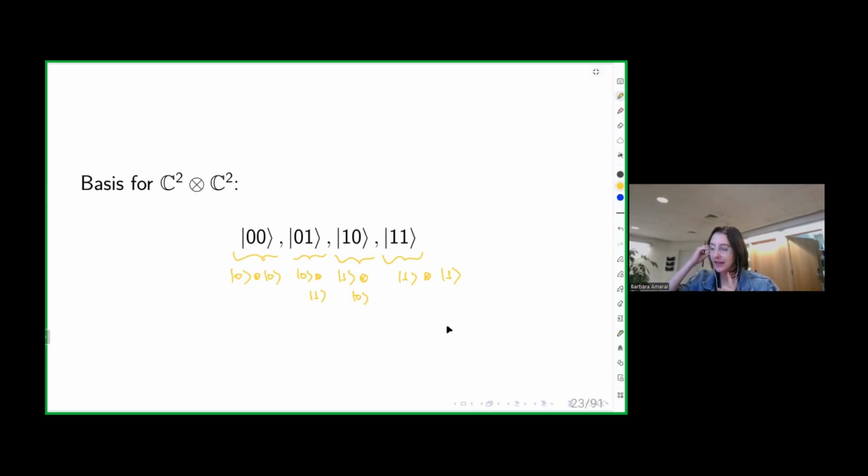So remember that when we have a general state, it will be a linear combination of vectors.